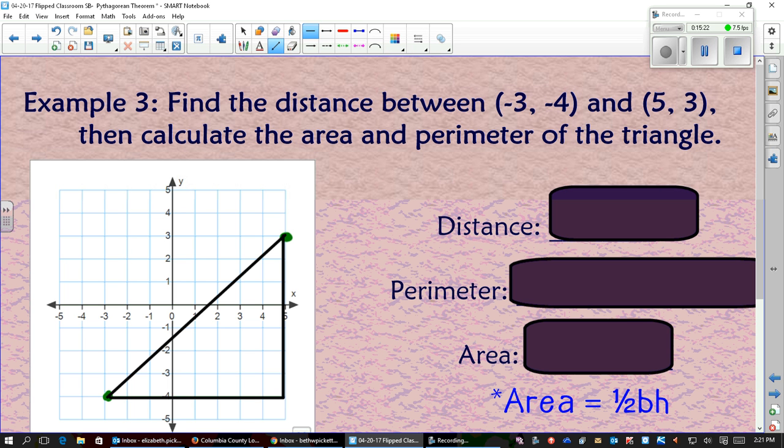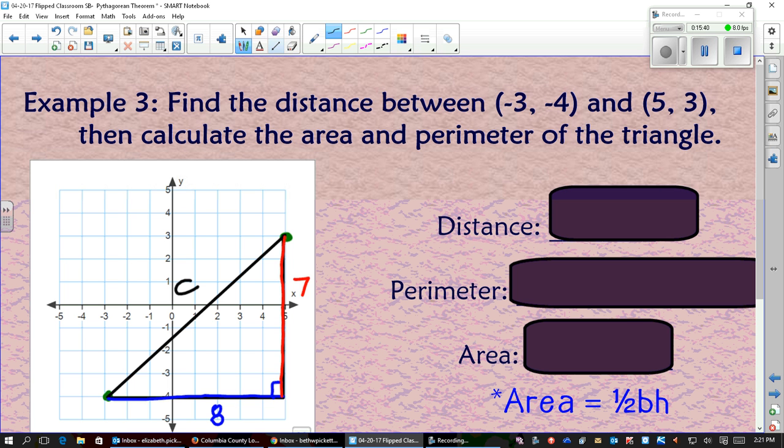Right triangle here. 1, 2, 3, 4, 5, 6, 7, 8. 1, 2, 3, 4, 5, 6, 7 here.